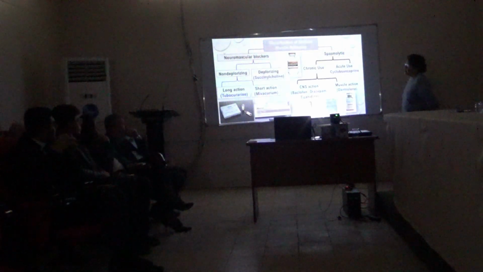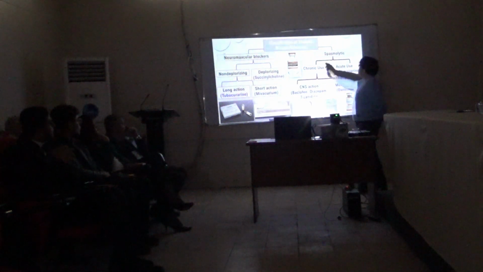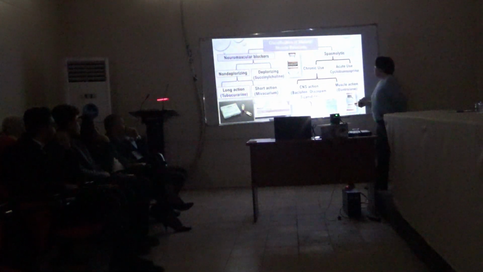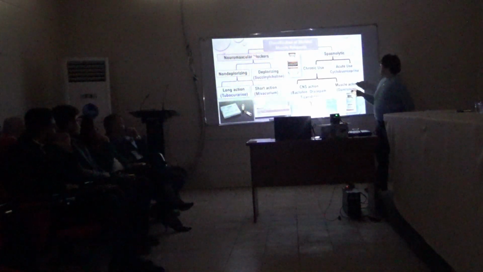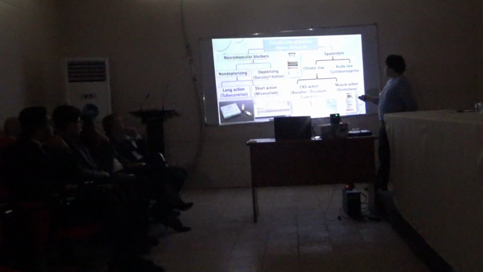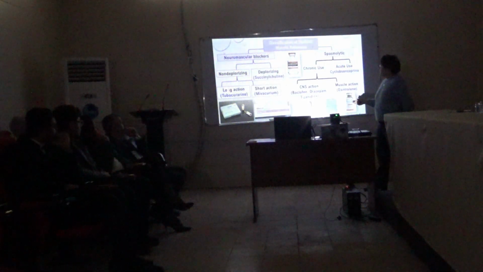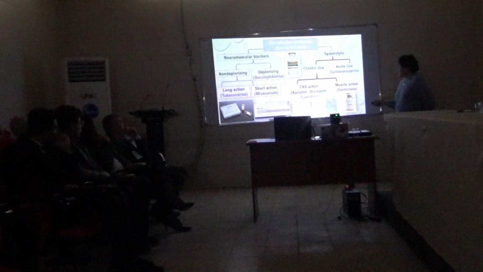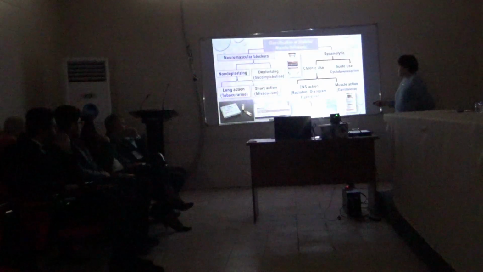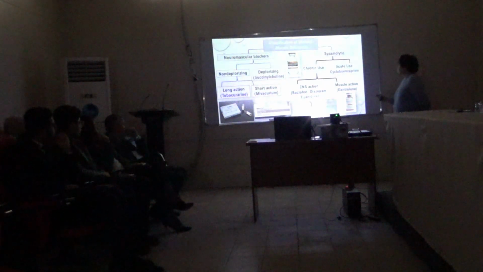Classification of skeletal muscle relaxants and the neuromuscular blocking agents: it's divided into two parts. First, the neuromuscular blockers, divided into non-depolarizing and depolarizing, like succinylcholine. Non-depolarizing: long-acting duration, tubocurarine, and the short action, vecuronium.